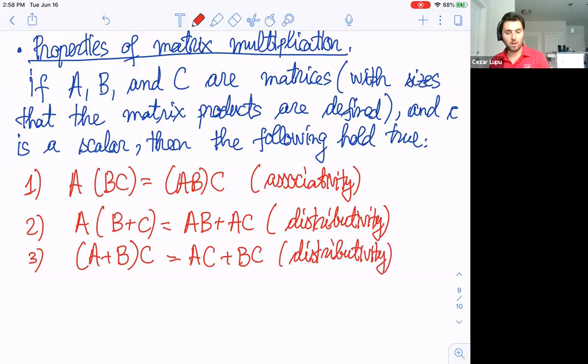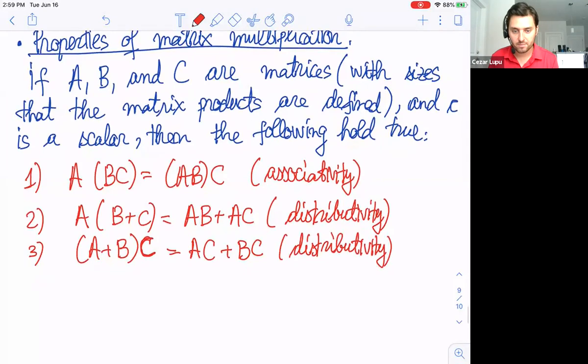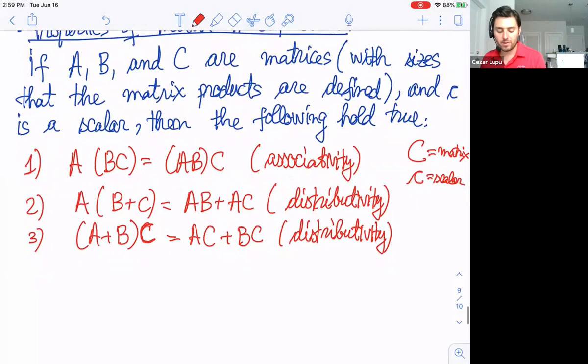So pay attention here: C is not a scalar, C is a matrix. This is a big C, and this is a little c. You see the difference between them? This is a matrix, this is a scalar. Both of these involve matrices.